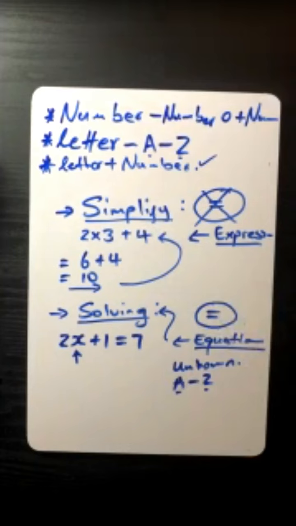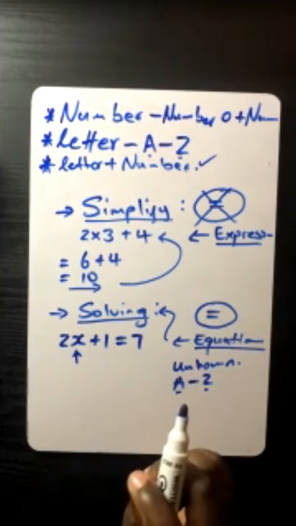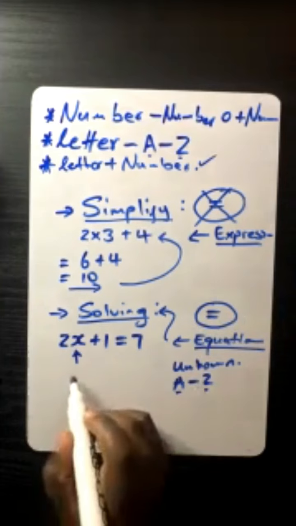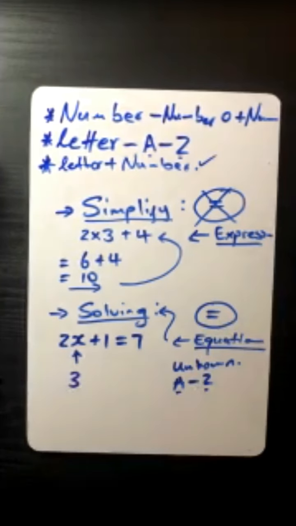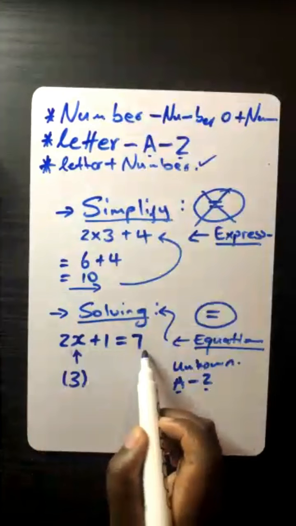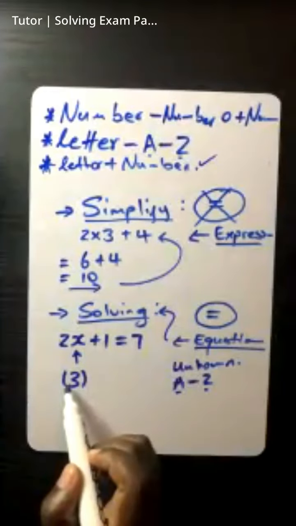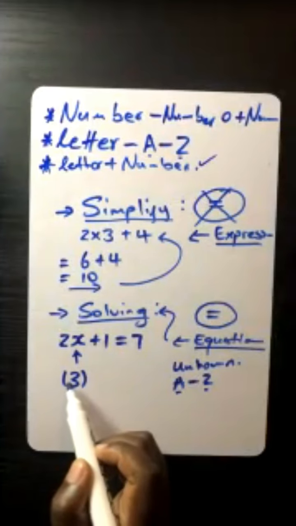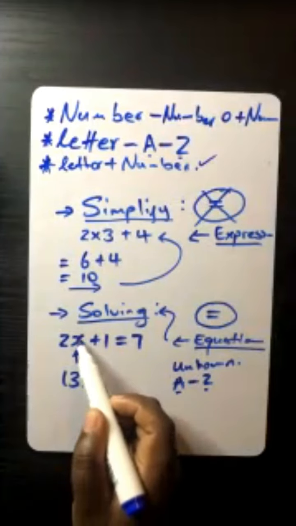Yes, sir. 3. Yes, sir. Okay, great. So I want you to understand what that 3 means. That 3 simply means the unknown on that equation. It's represented by letter X.